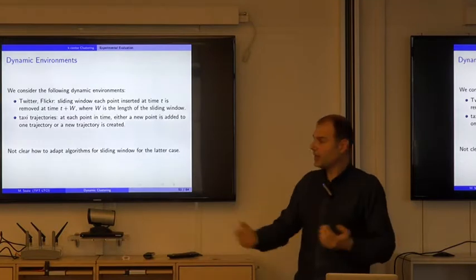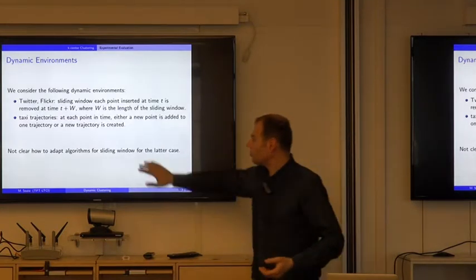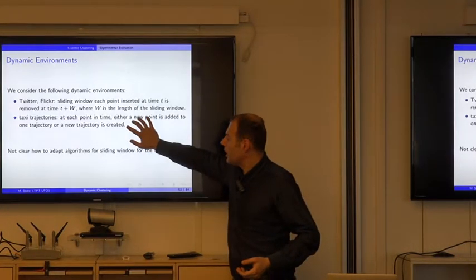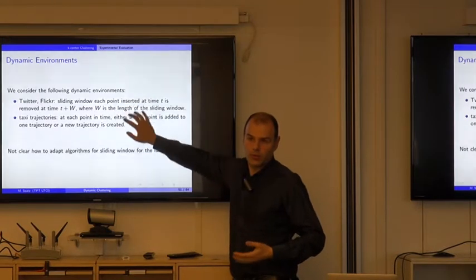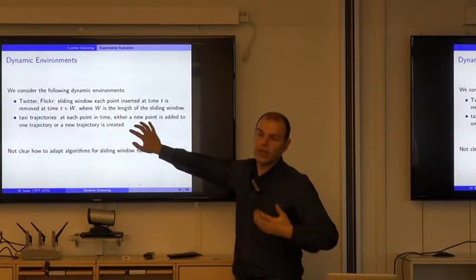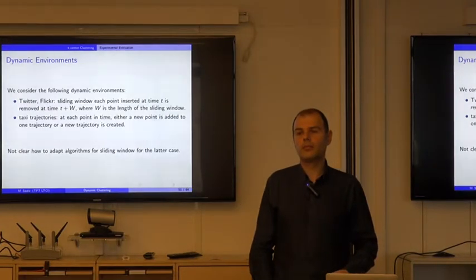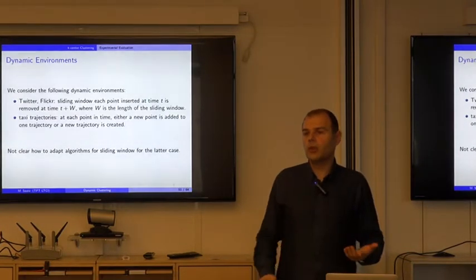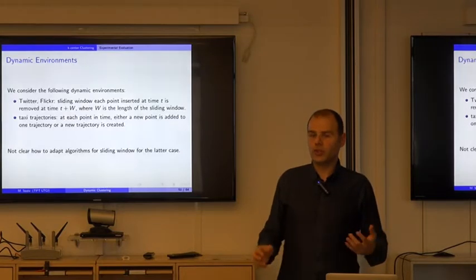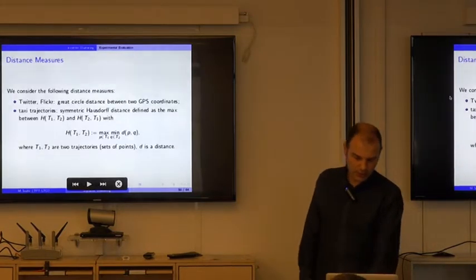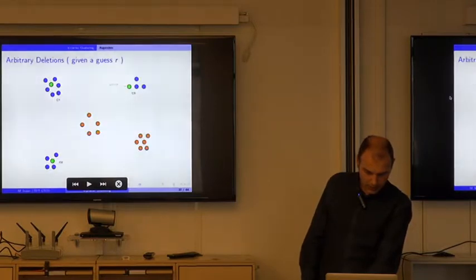So in that case, anything can happen, and this does not fit in the sliding window framework. In order to deal with this, you need a fully dynamic algorithm. In this case, you don't remove the trajectory. Because the problem is basically what I showed you in the beginning.